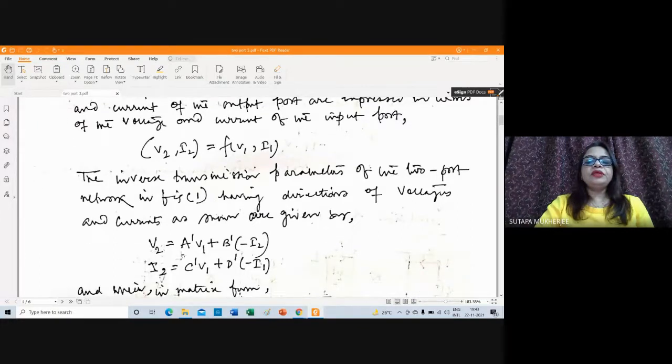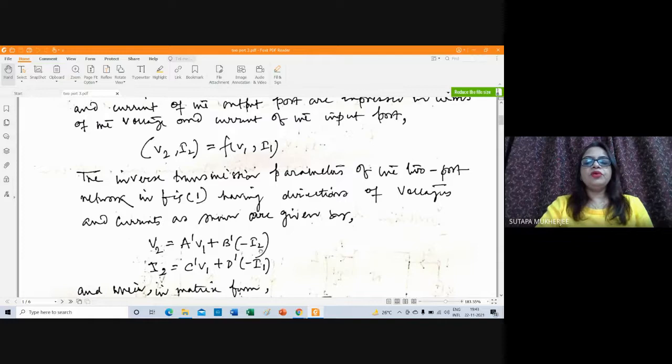So V2 will be A dash V1 plus B dash minus I2, and I2, this will be I1.